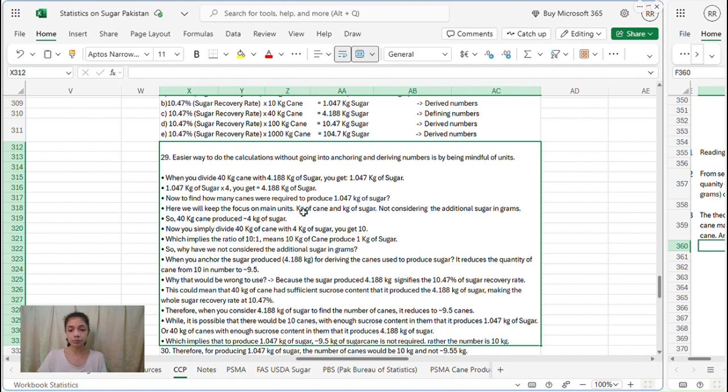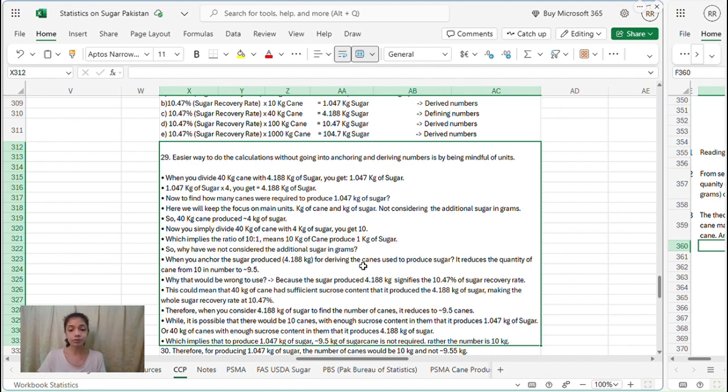Now to find how many canes were required to produce 1 kg of sugar, here we will keep the focus on main units, kg of cane and kgs of sugar, not considering the additional sugar in grams. So 40 kg of cane produce 4 kg of sugar. Now you simply divide 40 kg of cane by 4 kgs of sugar, you get 10, which implies the ratio of 10 to 1, meaning 10 kg of cane produce 1 kg of sugar.